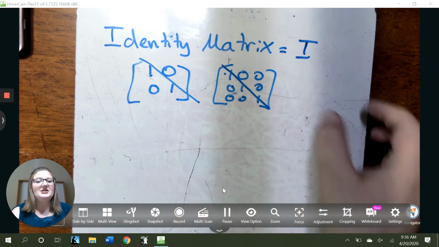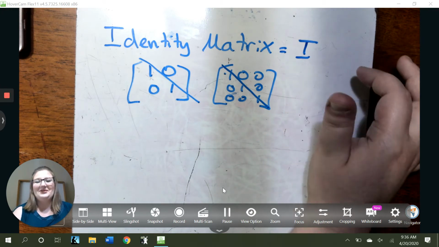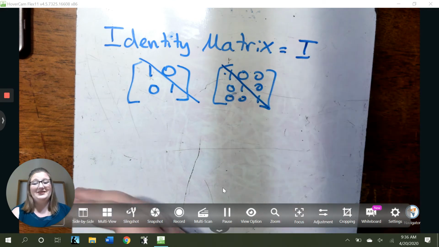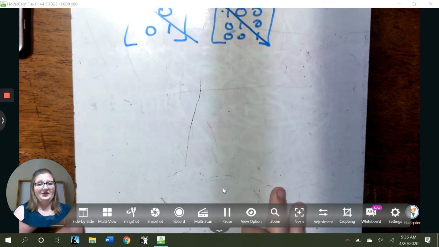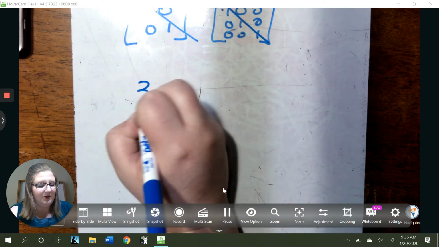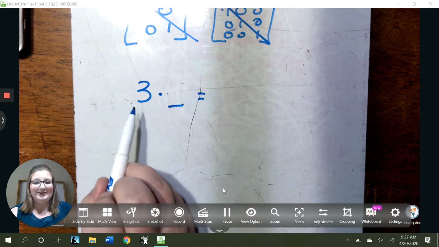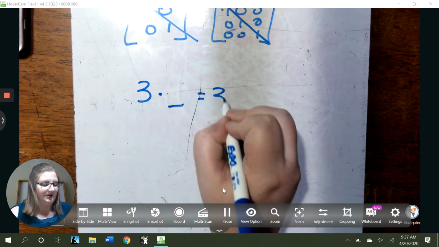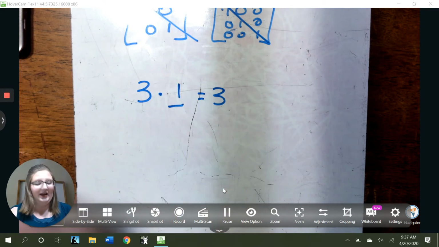There's a special property about the identity matrix. Before we talk about that, we're going to step away from matrices and talk about just numbers for a second. If I want to multiply 3 times a number and get 3 as the answer, we know our multiplication facts: that number has to be 1.